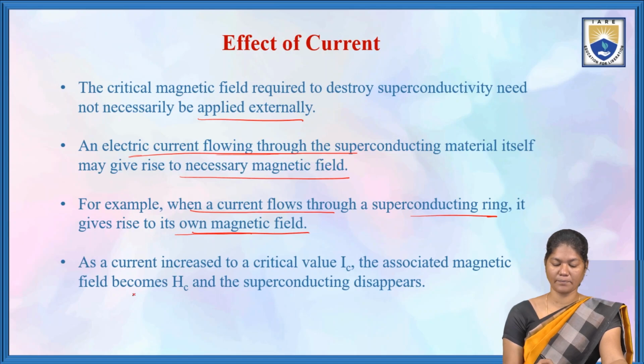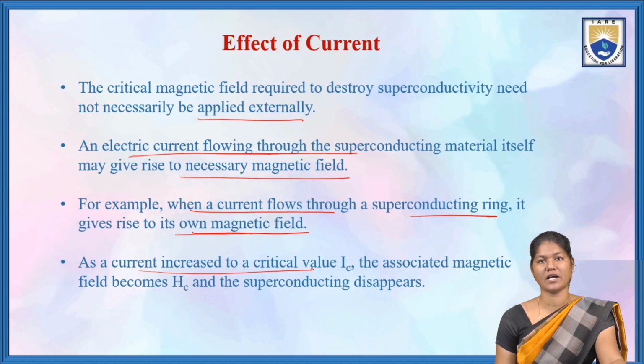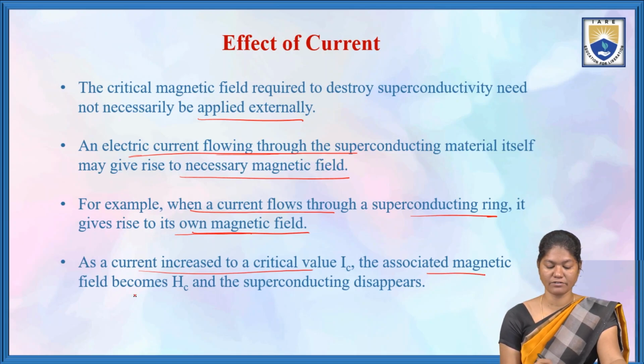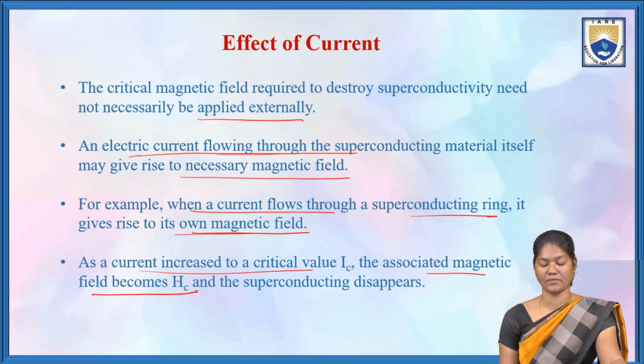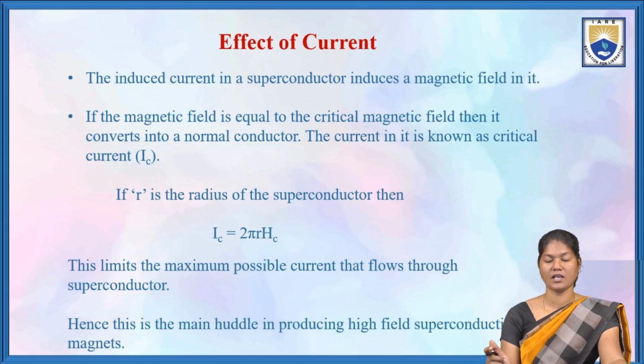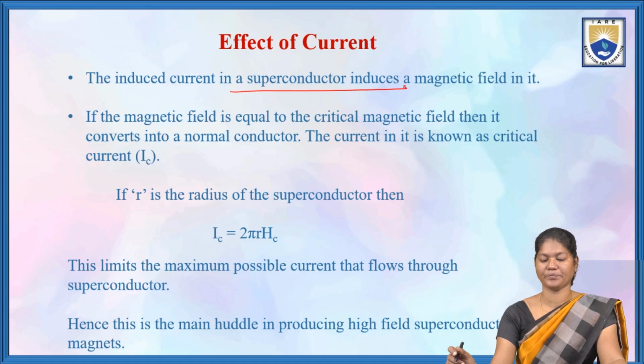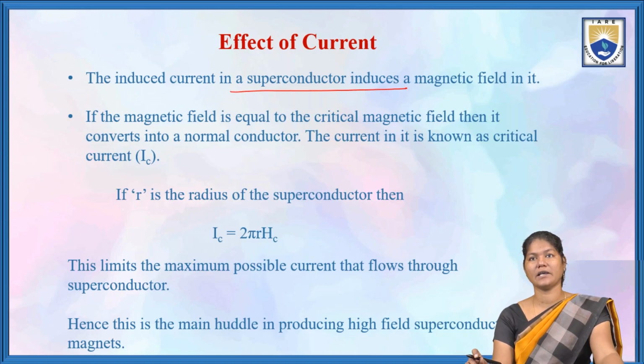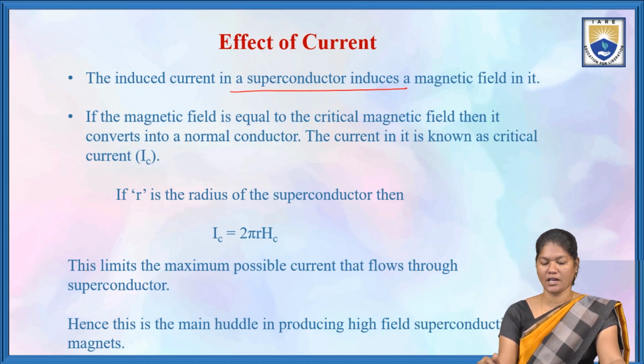As the current increases to a critical value, that is the critical current IC, the associated magnetic field becomes HC and the superconductivity disappears. The induced current in a superconductor induces a magnetic field in it.